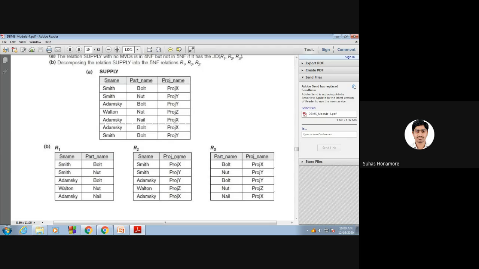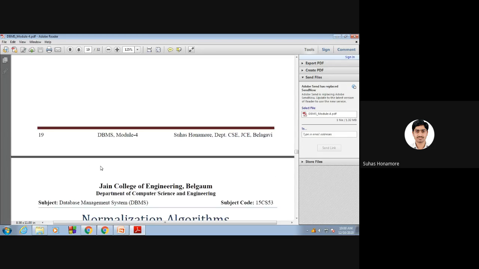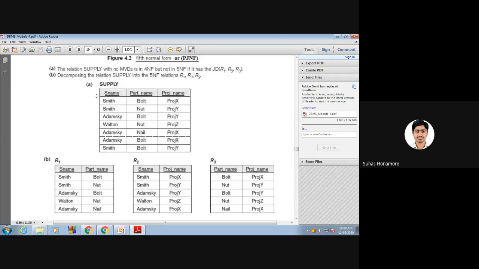And the supplier and which project he is supplying parts to are also related, so we keep those two. Part name and project are also related, so we keep those in one table. If we perform a normal join operation on R1, R2 and R3, obviously we'll get the same thing, so you will not get unwanted spurious tuples.